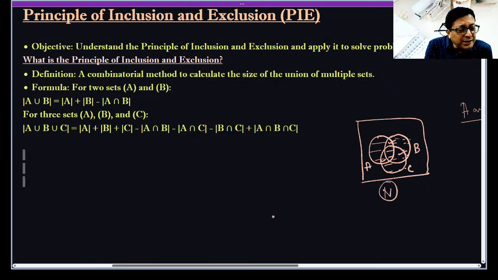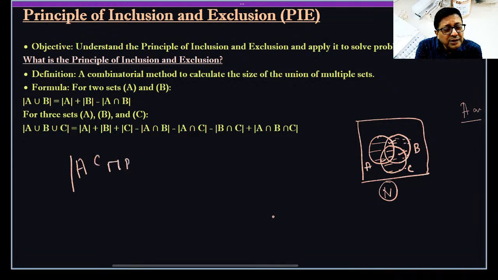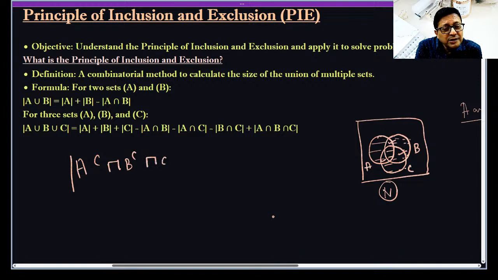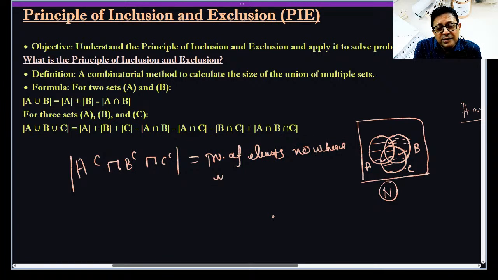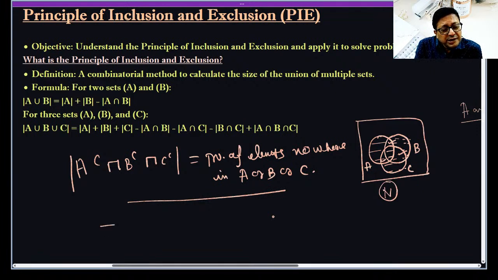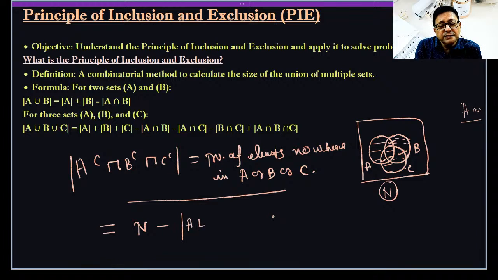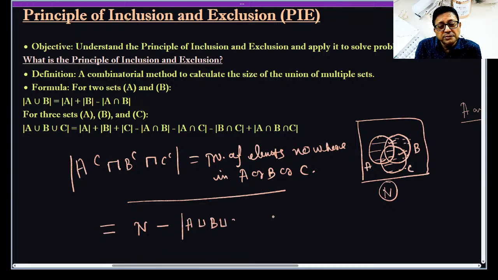So if we want to find the cardinal number of this one, that is number of elements nowhere in A or B or C is given by total number minus, okay.